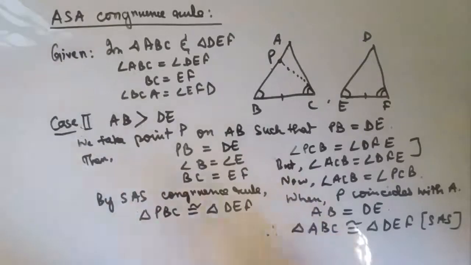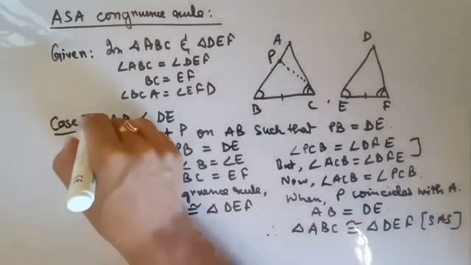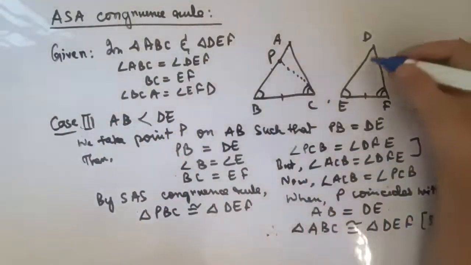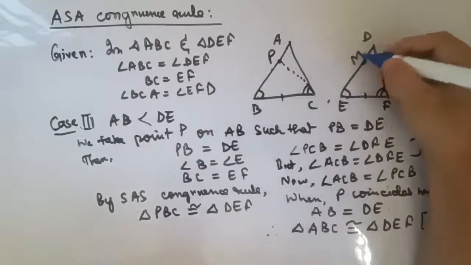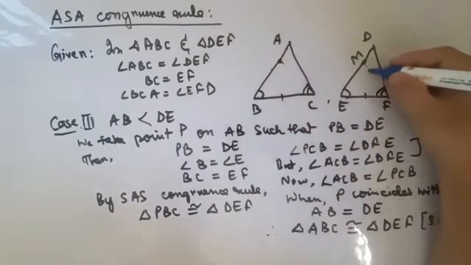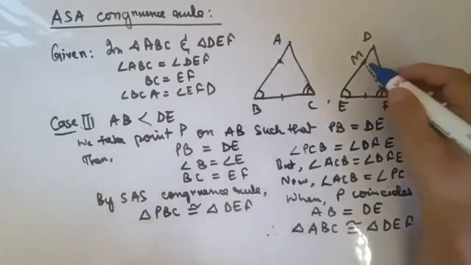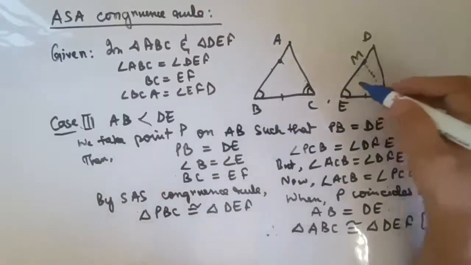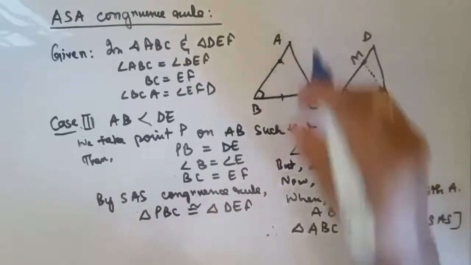Now let us take up the third case in which AB is less than DE. For this, we will take a point M on DE such that EM is equal to AB.